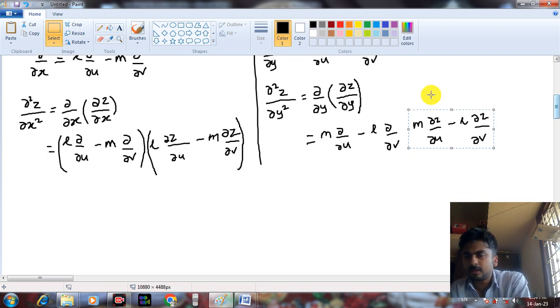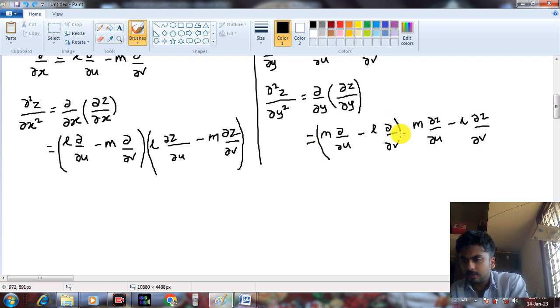Everything is okay. Now, after I have pasted the values, we are going to multiply these values.